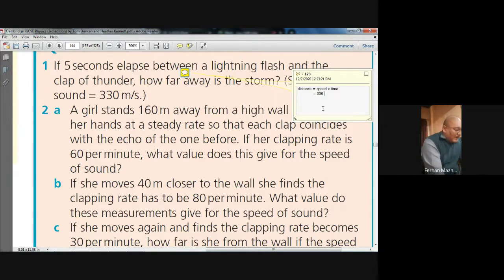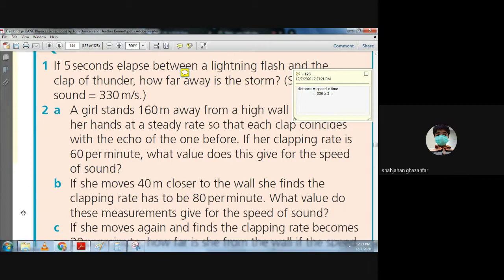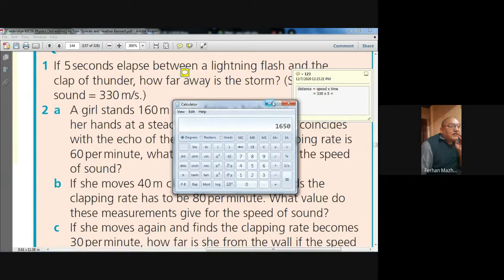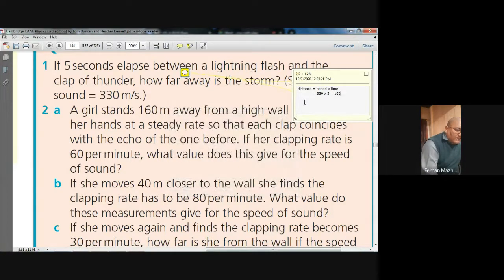And how much time did the sound take to reach there? He said 5 seconds. So simply multiply them and you will get the answer. 330 multiplied by 5, and the answer is 1650 meters. So that flash actually happened 1650 meters away.